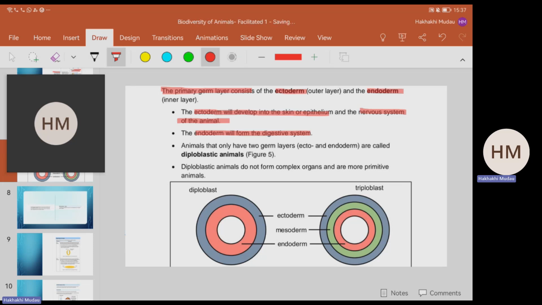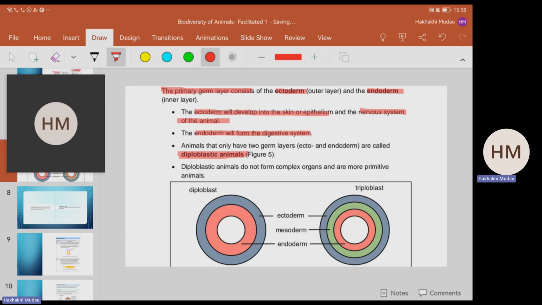I mentioned that organisms that have two germ layers, we refer to them as diploblastic animals. So di means two, tri means three. These kinds of animals do not form complex organs and are more primitive animals, so they came before.